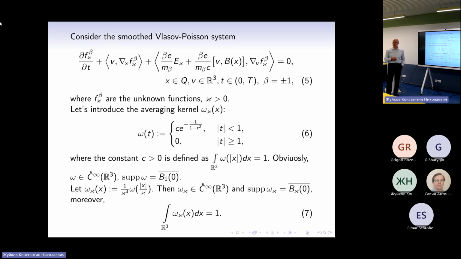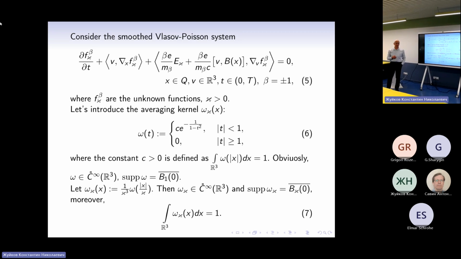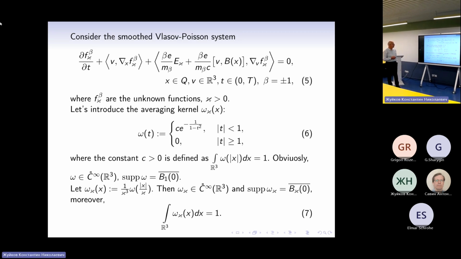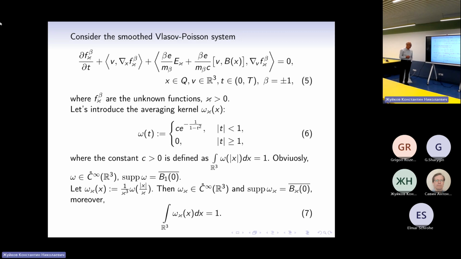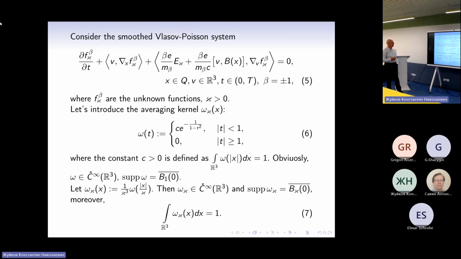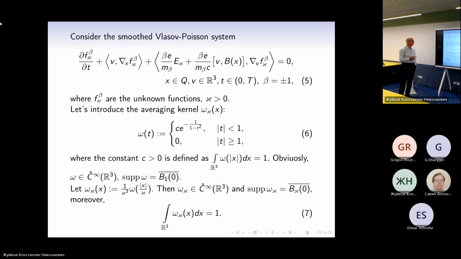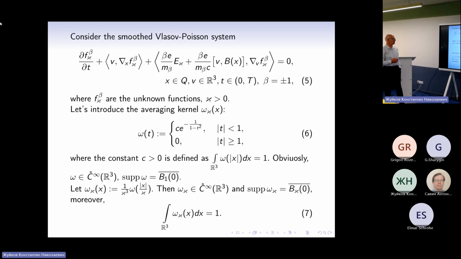Our steps concerning the proof of existence of a weak solution are the following. As usual, first we consider some averaging of the equations. Then at the next step, we prove existence of a solution corresponding to the averaged problem.